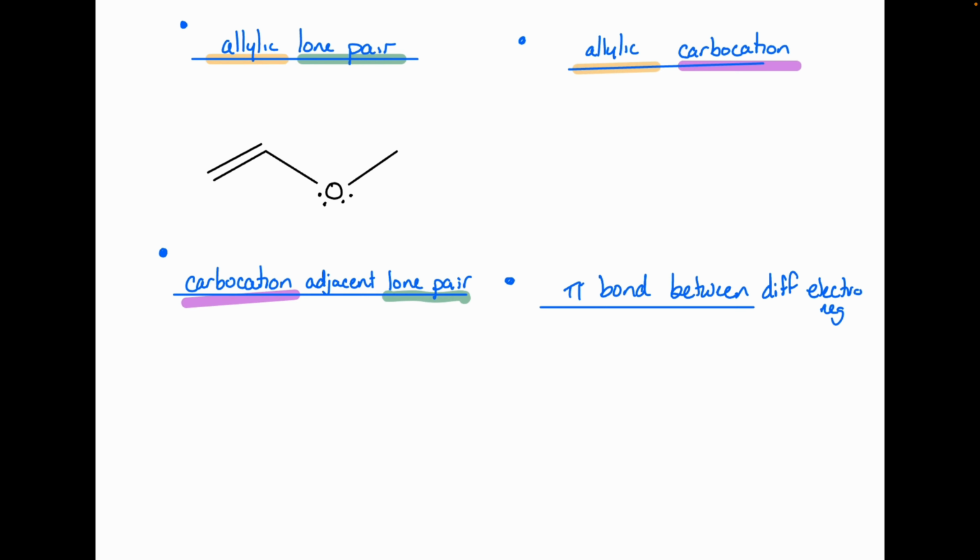Okay, so first of all, this vocab word allylic, we want to remember, means neighboring, next door neighbor to that pi bond. So this would be a lone pair in the allylic position here. It's next door neighbor to that pi bond.